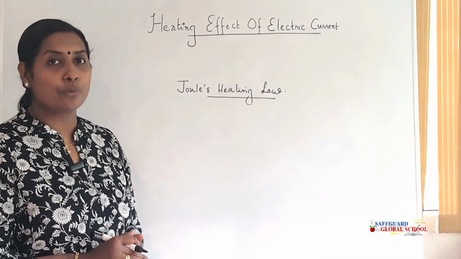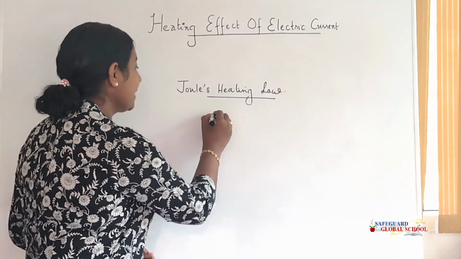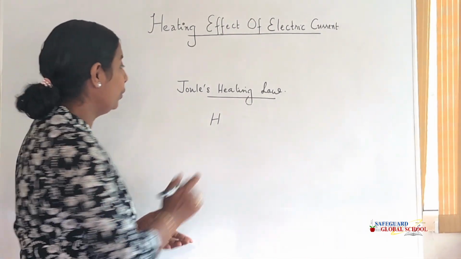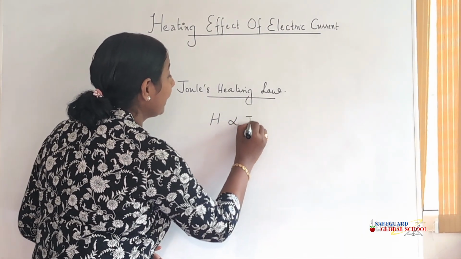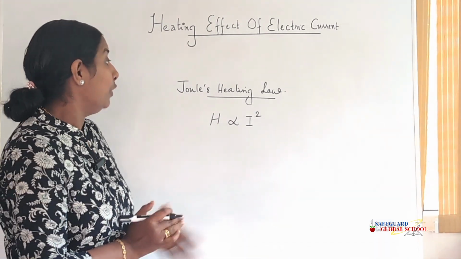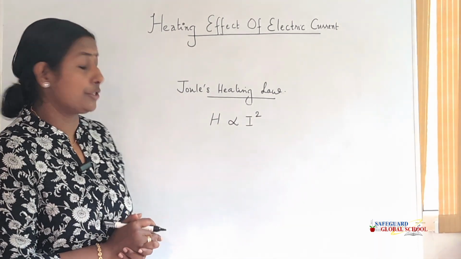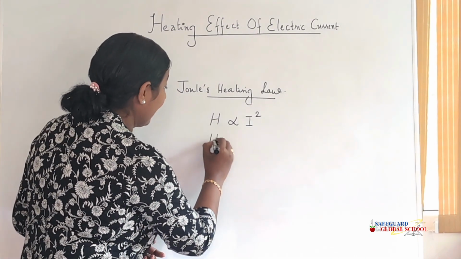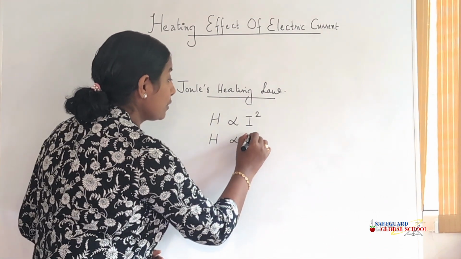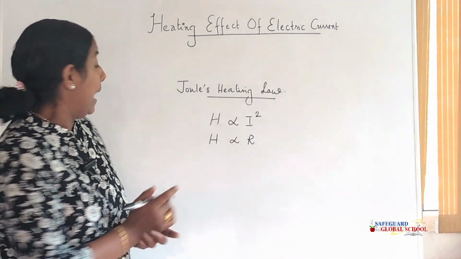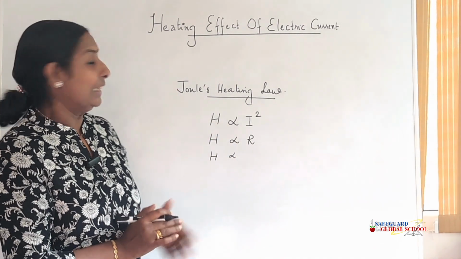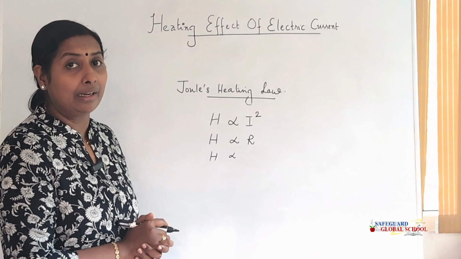So, once again to repeat, the amount of heat developed in a conductor is proportional to the square of the current. So, H is proportional to I squared for a given conductor or a resistor. And heat is again proportional to the resistance of the resistor or conductor, and heat is proportional to the time for which the current is maintained in the conductor.